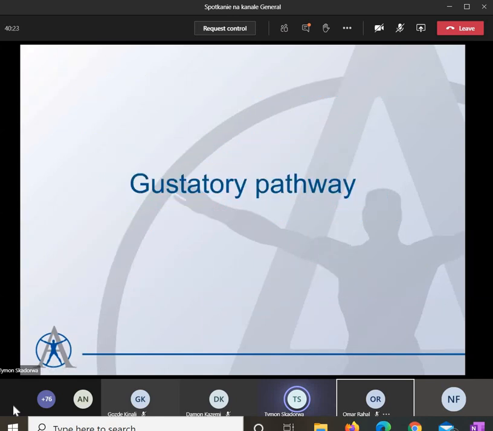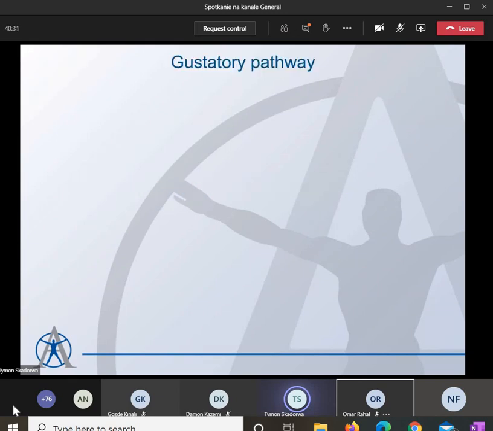Okay, now we talk about something more nice, maybe. The gustatory pathway is quite far from the brainstem. However, it also runs through the nuclei which are located in the brainstem.